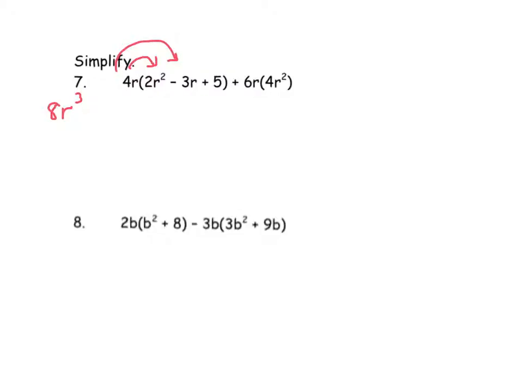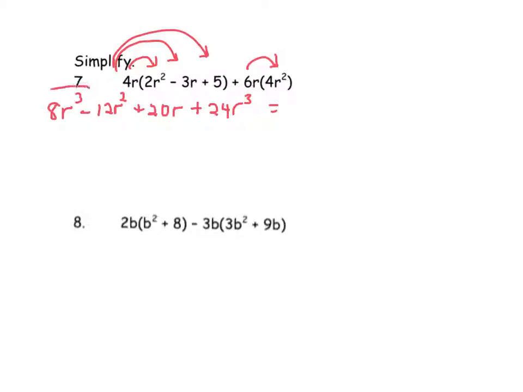Then I'd get negative 12r squared. And then I get 20r. Then I'm going to distribute that, so that's plus 24r cubed.